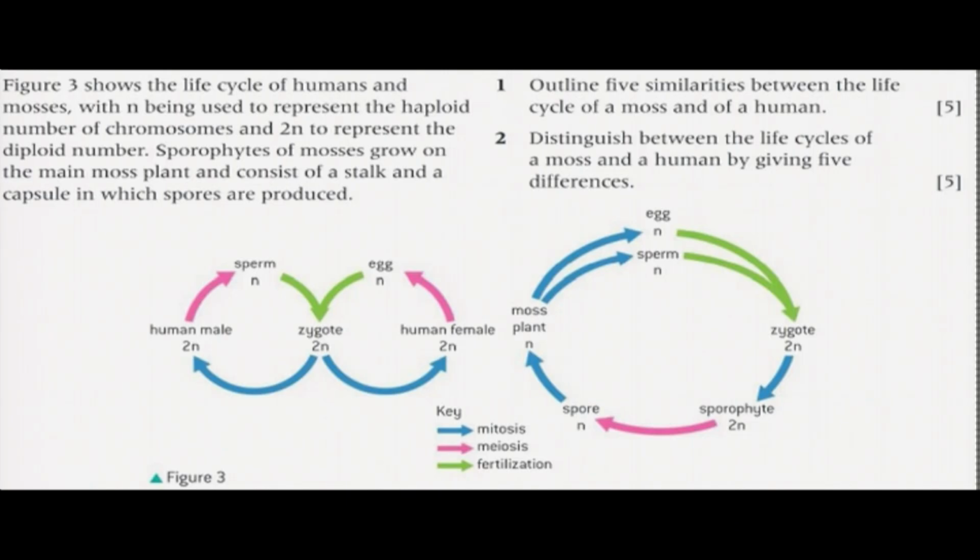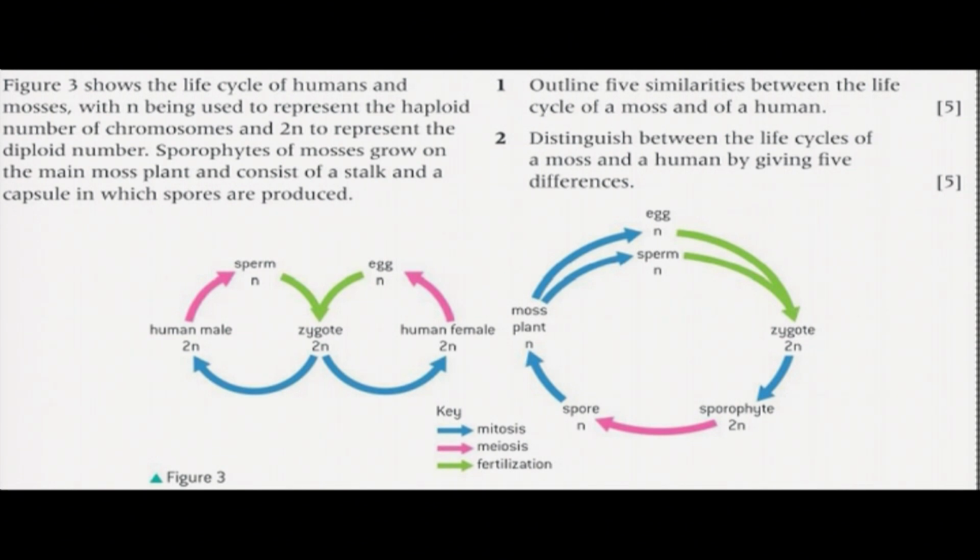Which takes us to the next. Figures. Figures keep coming. Because they tell a lot and they carry a lot more information than just the text. I hope you've finished reading the question. Look at the background information to the question. Life cycle of humans and mosses. Whoa. Plants and animals.